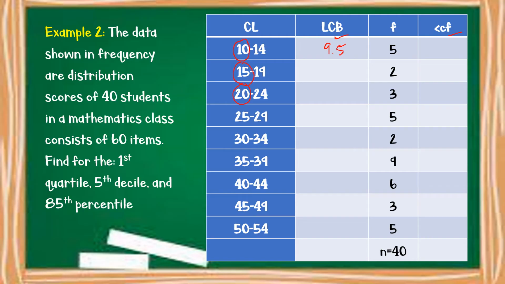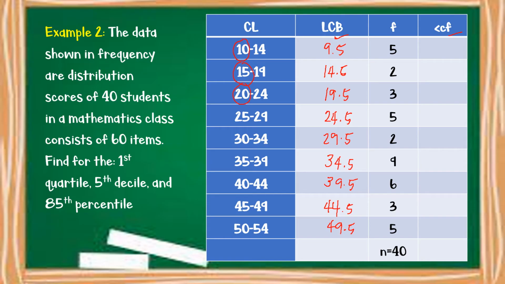And then this time it's 14.5. 20 minus 0.5 is 19.5. Same procedure. So we have 24.5, 29.5, 34.5, 39.5, 44.5, and 49.5. So these are the lowest class boundary.